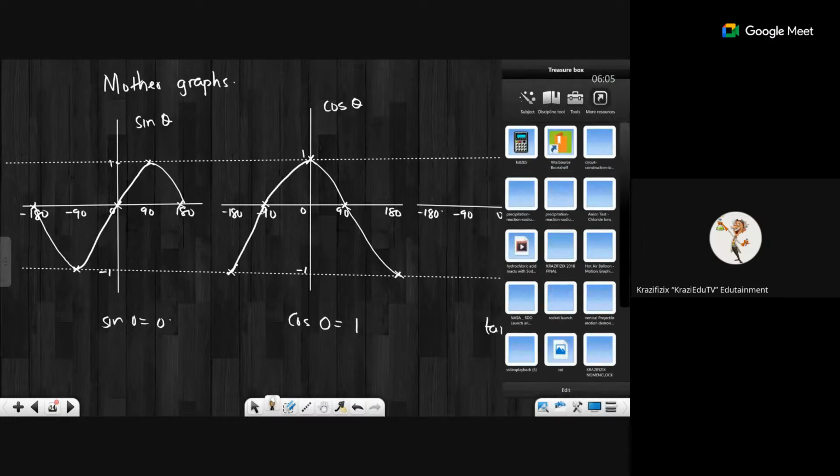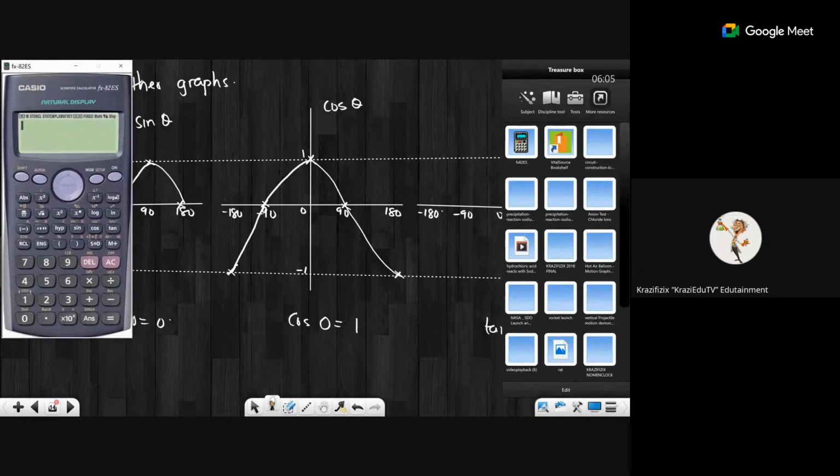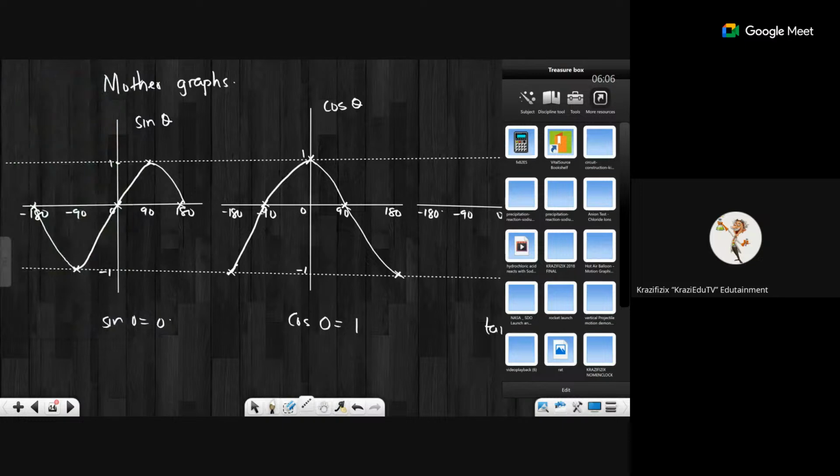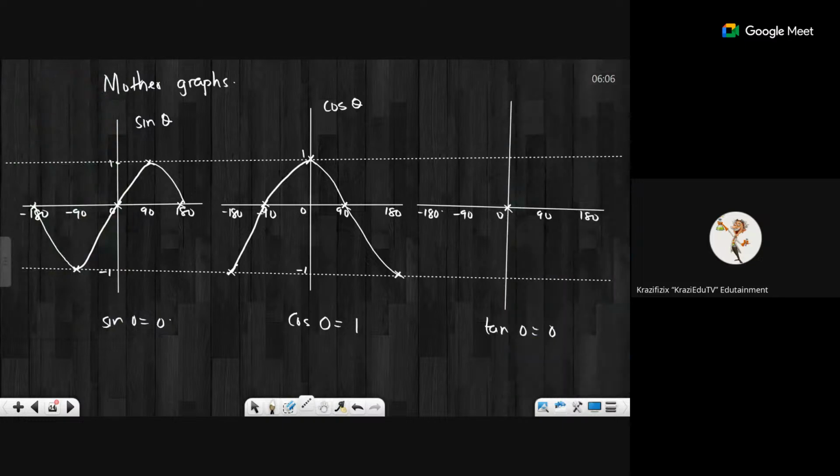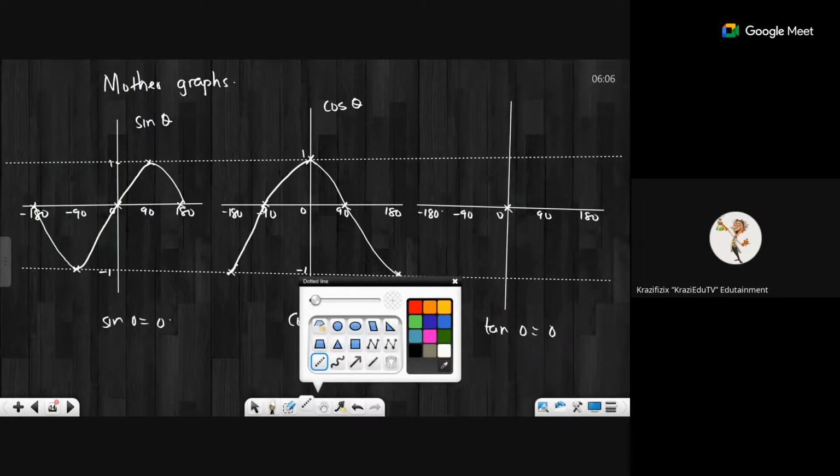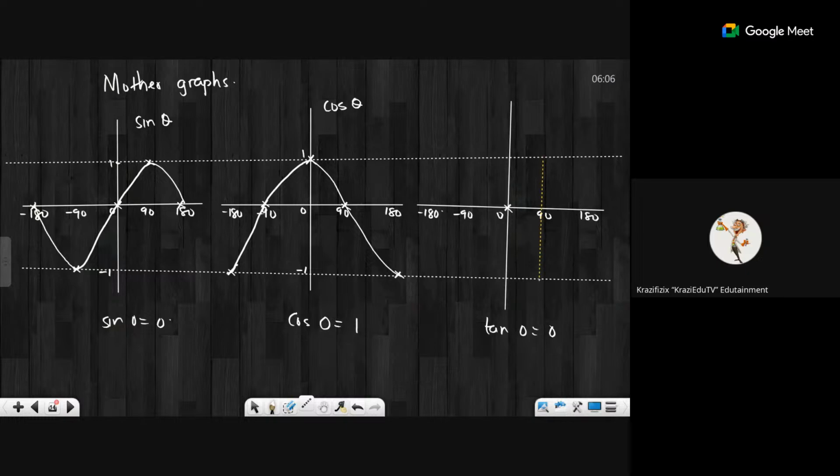Let's check something on the calculator. Tan 90, it will give you an error. It means that that is your asymptote. Okay? That is another asymptote. Your graph, that is your tan graph.